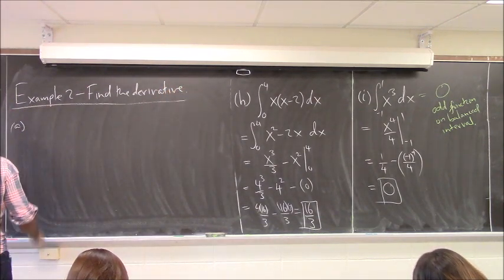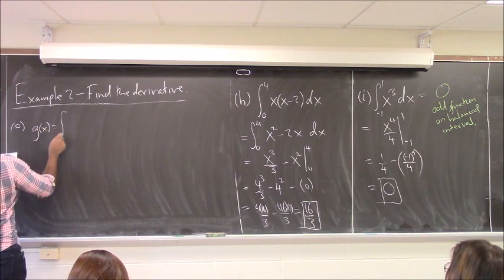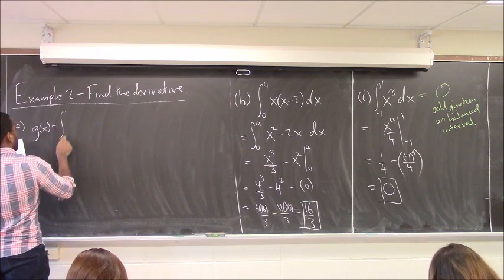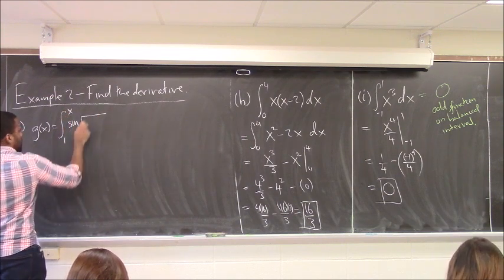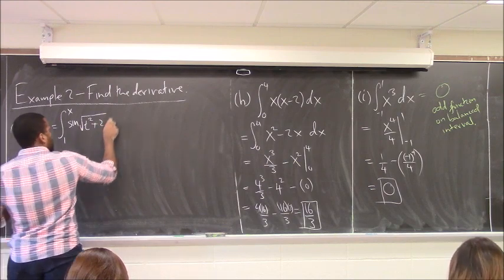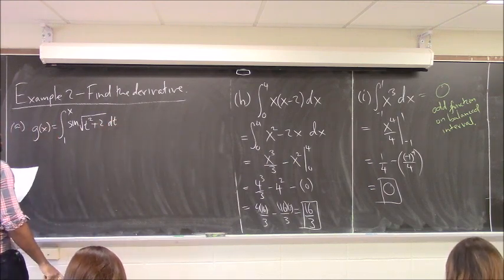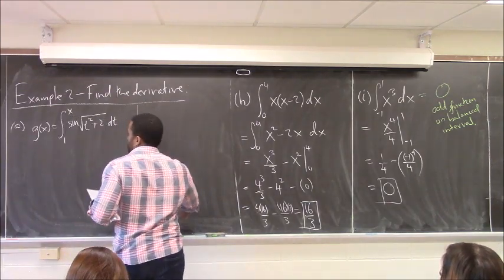And A here was given g of x is equal to the integral 1 to x of sine. You need to find its derivative.